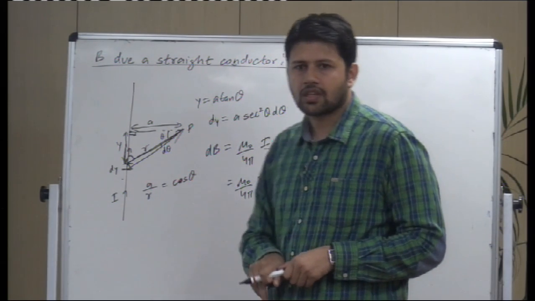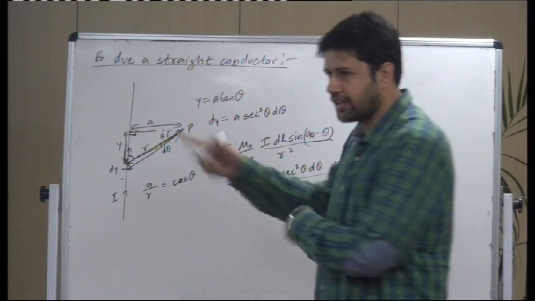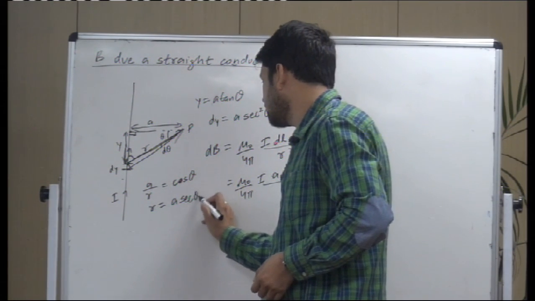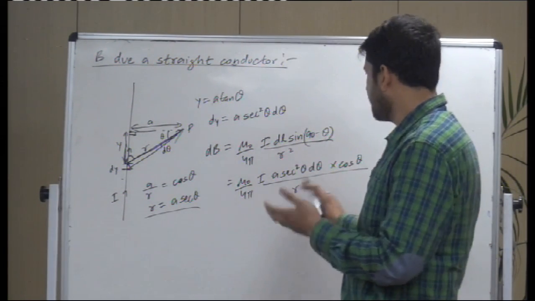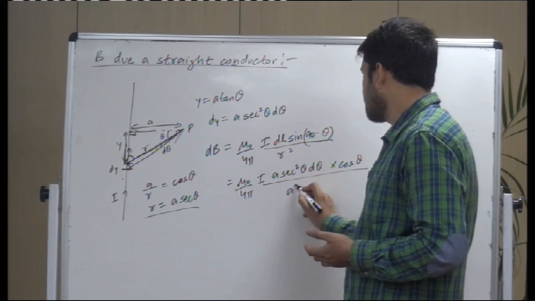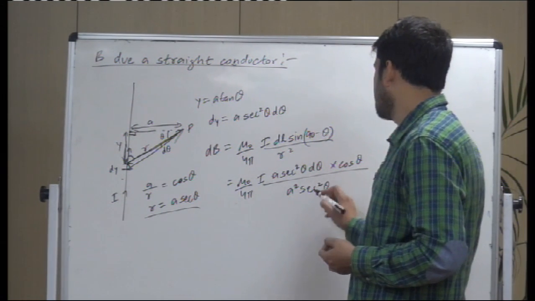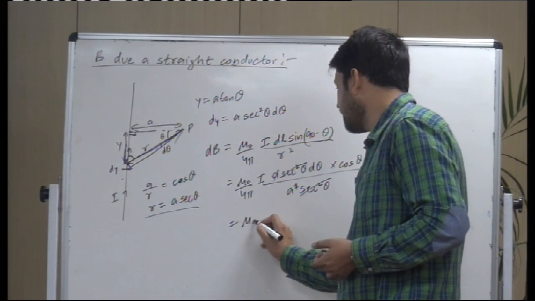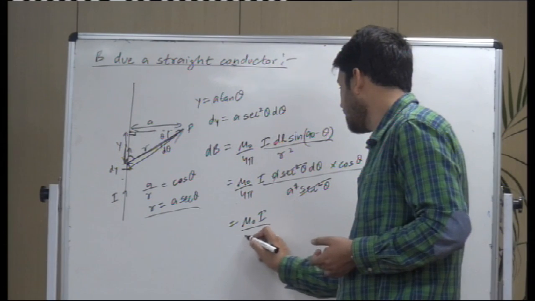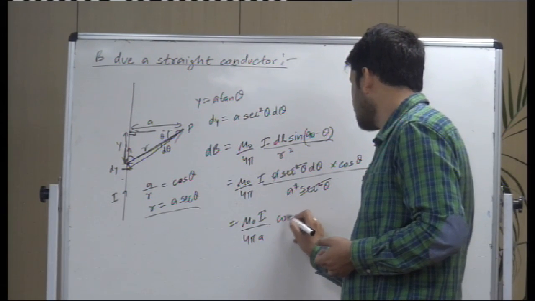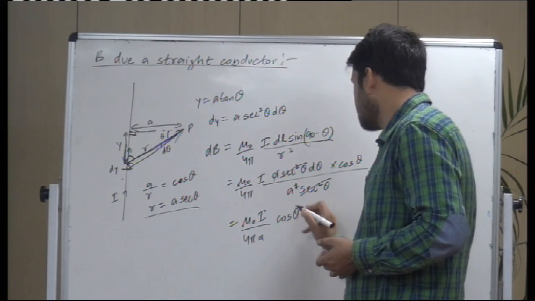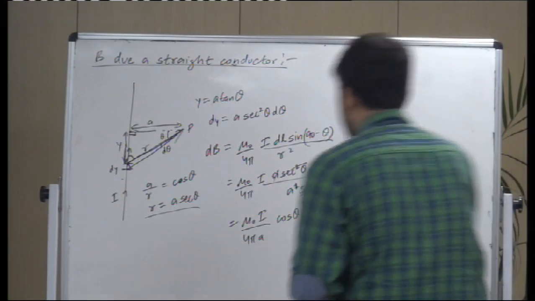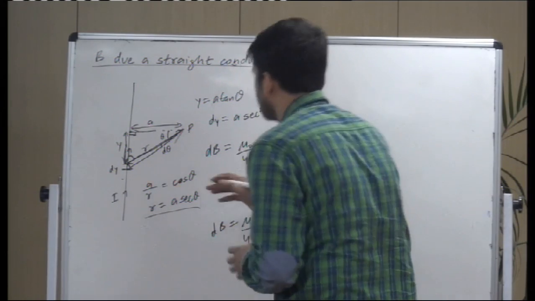In this triangle a by r is cos theta, so r is a secant theta. So I should be replacing r with a secant theta. So secant square cancels. You get a very simple expression, mu naught I upon 4 pi a cos theta d theta. This is dB, the field due to this small element.